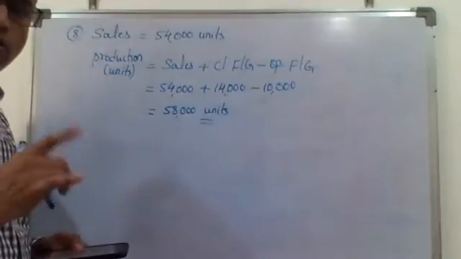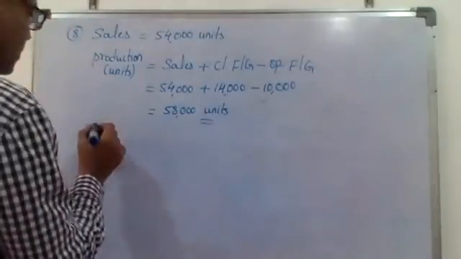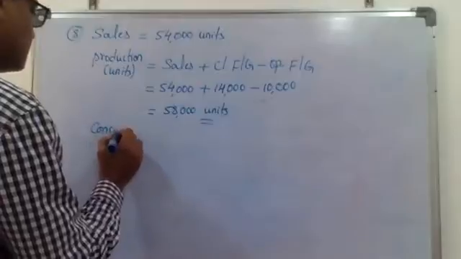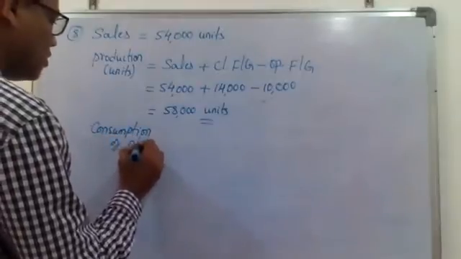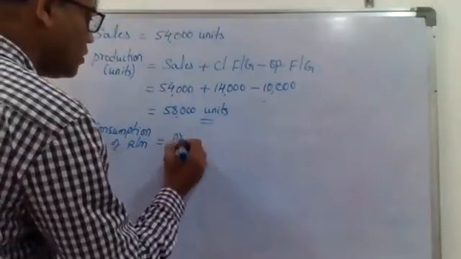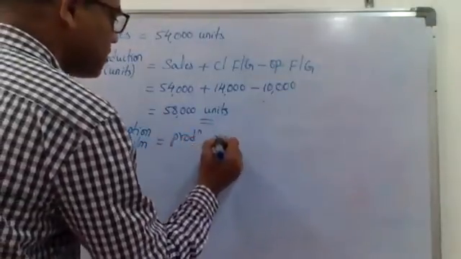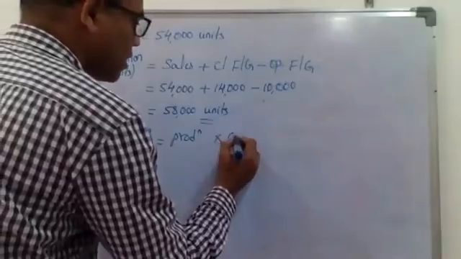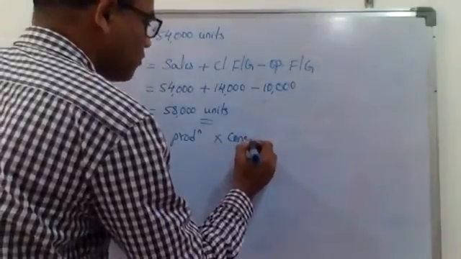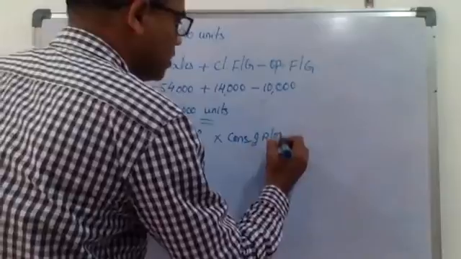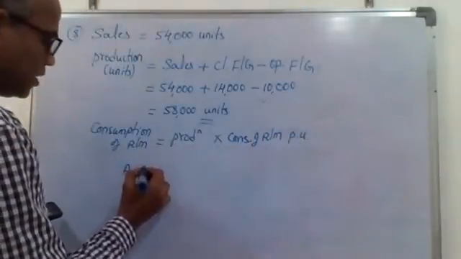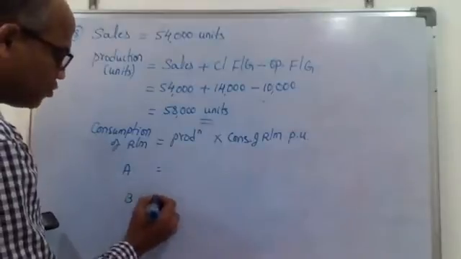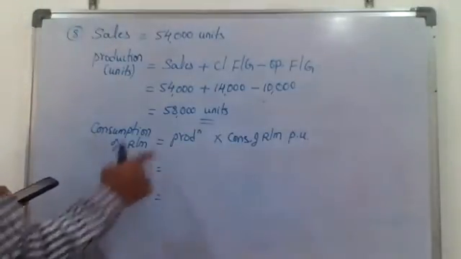I don't want the production, I want the consumption. So the next thing is consumption of raw material. What is the formula? Production units multiplied by consumption of raw material per unit. For A raw material and B raw material I have to do it separately.